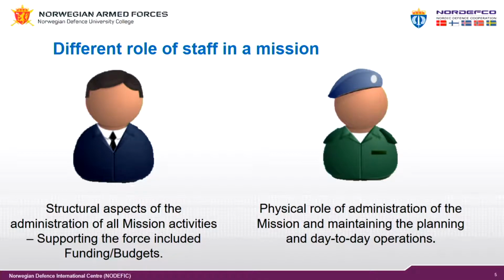While military personnel rotates every year, civilian personnel are normally in the mission for many years. Of the 95,000 personnel that served in a UN mission in August 2020, around 5,000 were international civilian personnel and around 9,000 were local civilian staff or UN volunteers.